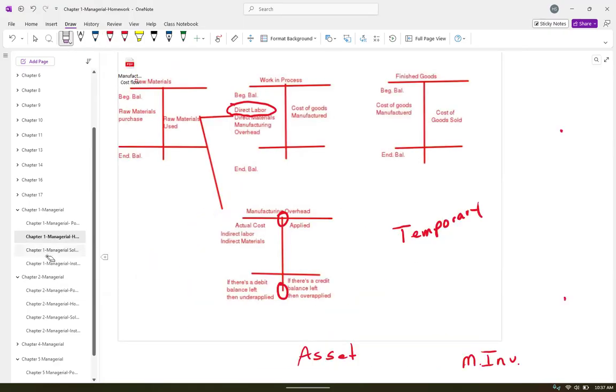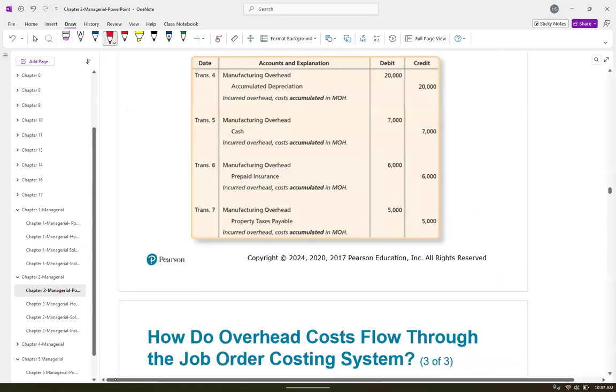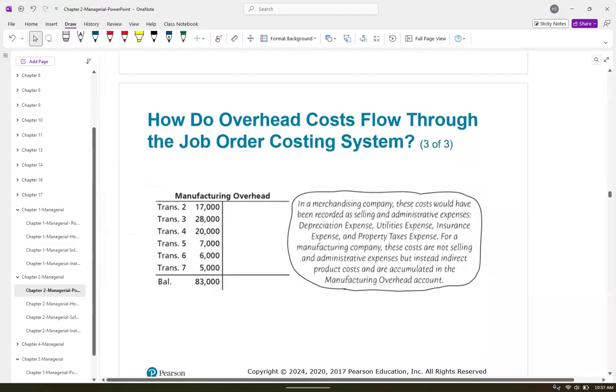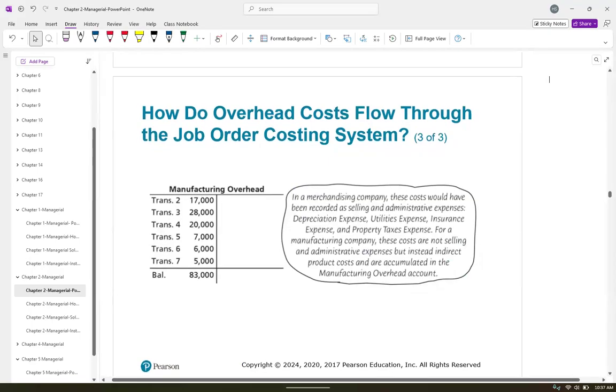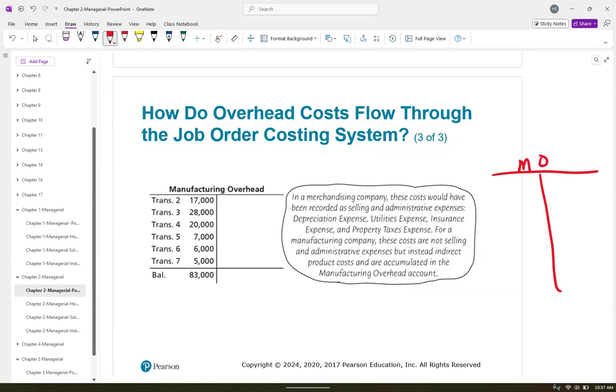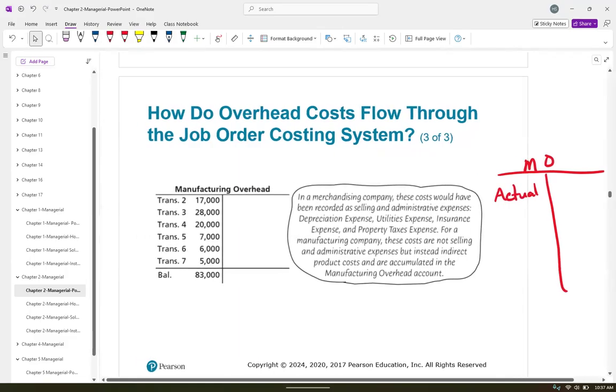Okay. One thing to remember, I'm going to come back over here, and they've got a T account here for manufacturing overhead, but I'm going to draw another one with some words in it. Manufacturing overhead. Actual cost. I have that written in that other one, but I wanted to put it right here. Actual cost is always on the debit side.